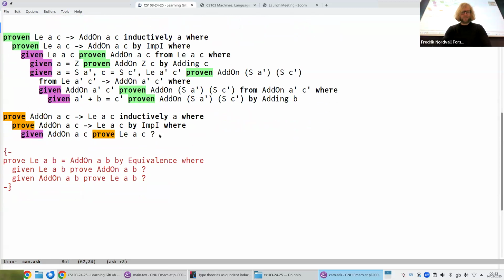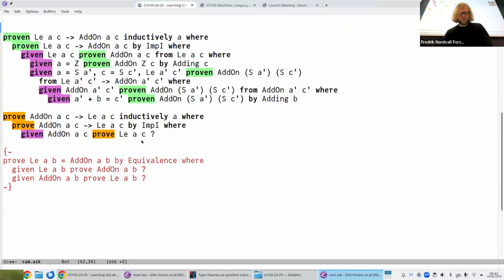And then I'm in the same kind of situation as before, right? Where I a priori have two moves available. I could prove this directly, or I can interrogate my assumption, right? And again, I can't really prove this directly because I don't know what A and C are, right?